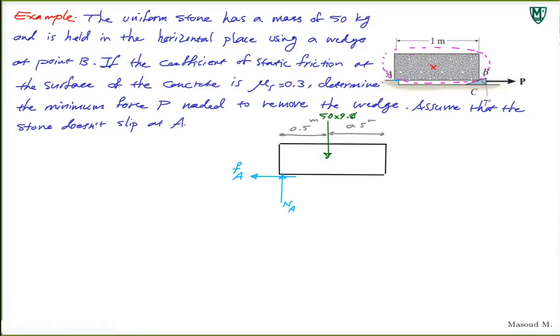The normal force is applied at the point of contact between two objects, perpendicular to the surface of contact. So that means this is going to be my NB.